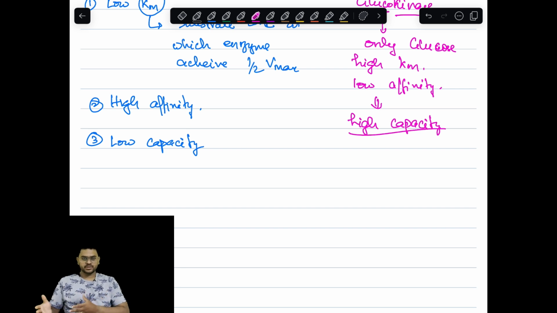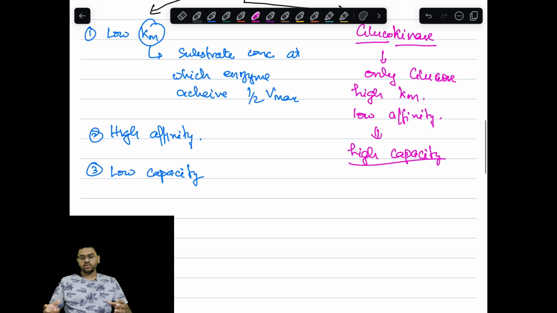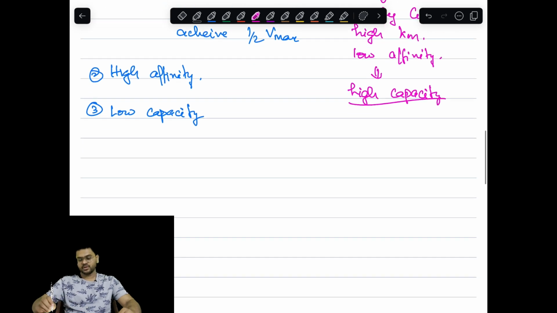So why do you need another isoenzyme here? The reason glucokinase is required is because it is a high capacity enzyme. When the glucose concentration is very high, because of its high Km, it gets activated. And once it is activated, being a high capacity enzyme, it could convert so many glucose molecules into glucose 6 phosphate molecules.